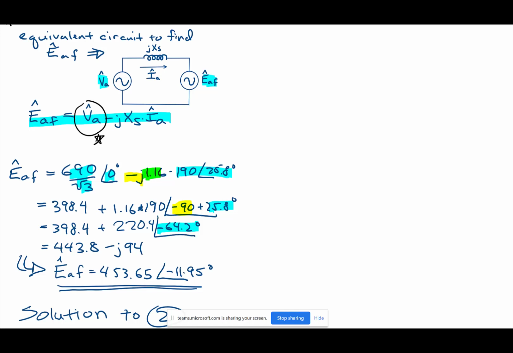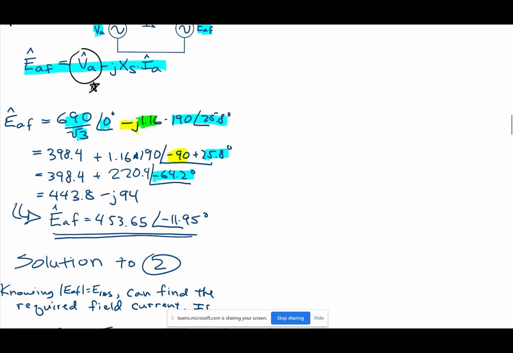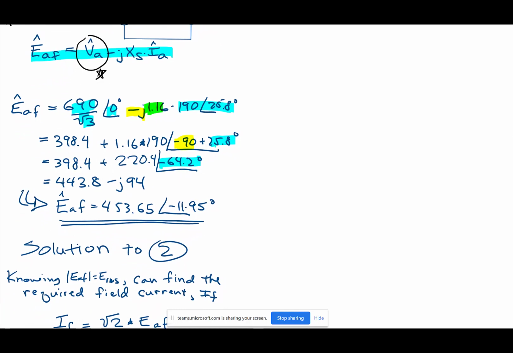Okay, now what we've got to do is convert this to phasor. So we're going to take 220.4 times the cosine of 64.2, and that's 96.